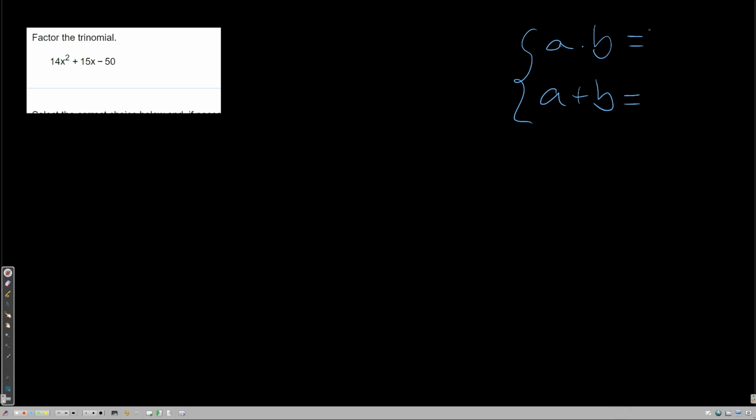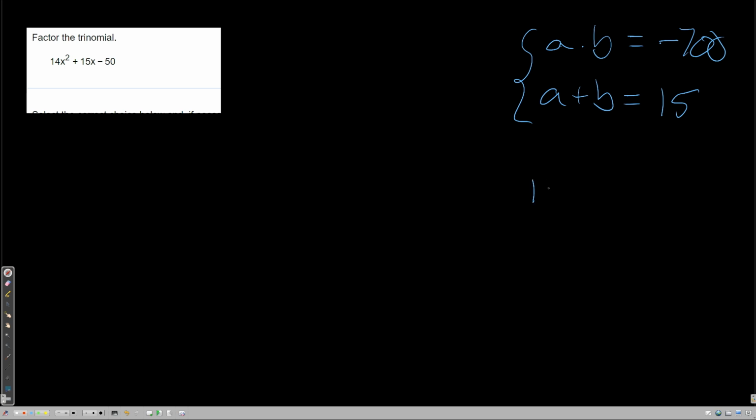A times B, that should be whatever 14 times negative 50 is. Okay, well that will be negative 700. And then A plus B should be a positive 15. So my product is negative, I need it to be the case that one of A or B are negative.